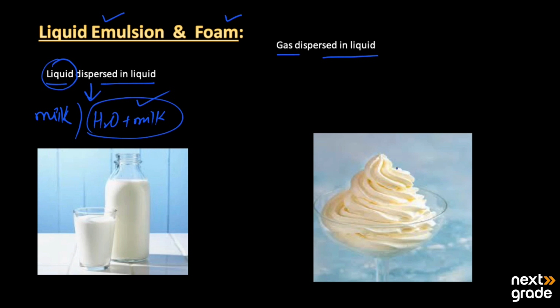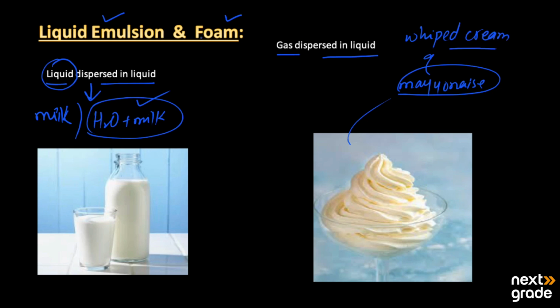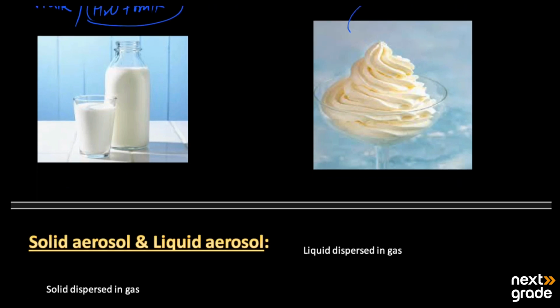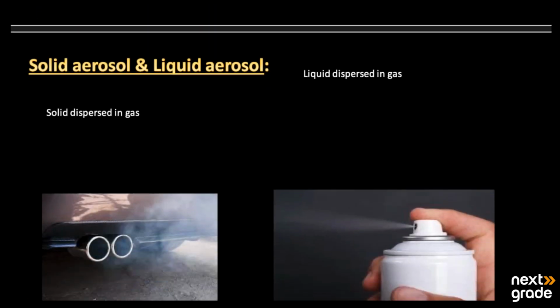Here the example we have is mayonnaise, or whipped cream. So this is mainly a foam, as the gas is dispersed in the liquid. All these are heterogeneous mixtures, but they look homogeneous in nature.